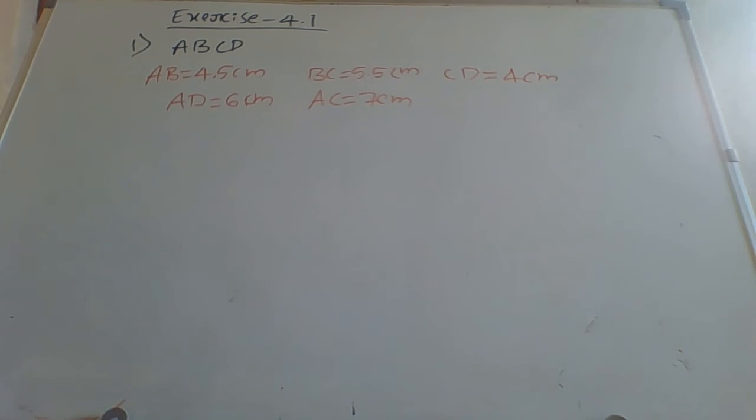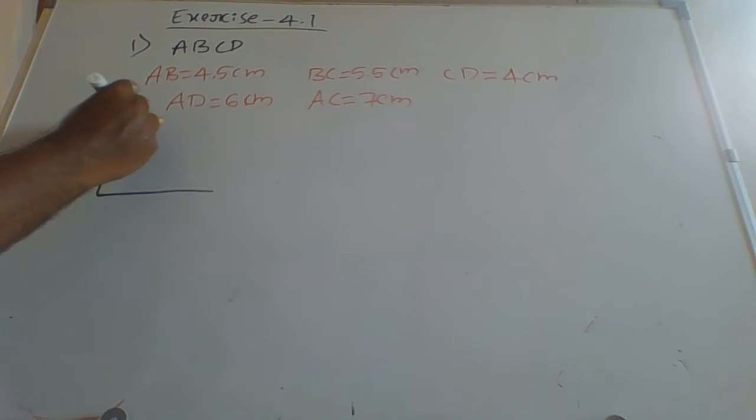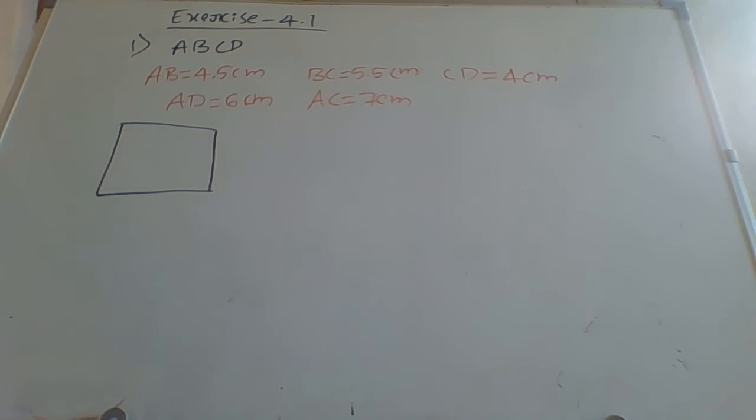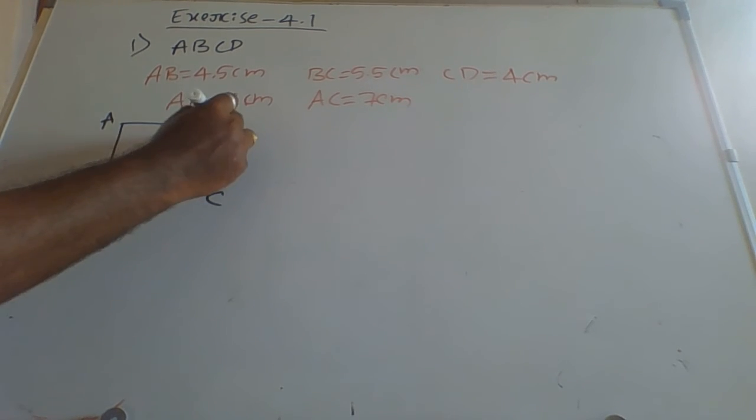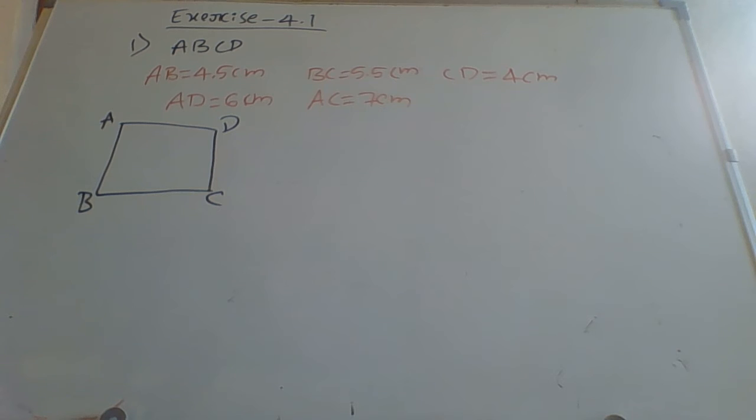Now first I will draw a rough diagram. So here this is the quadrilateral, and I will name it ABCD.